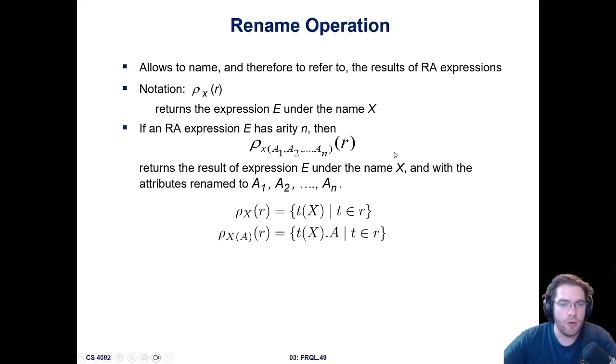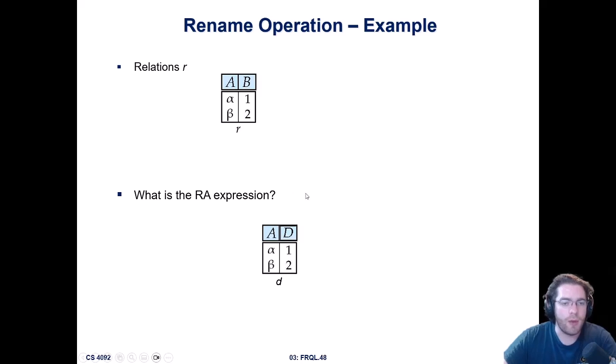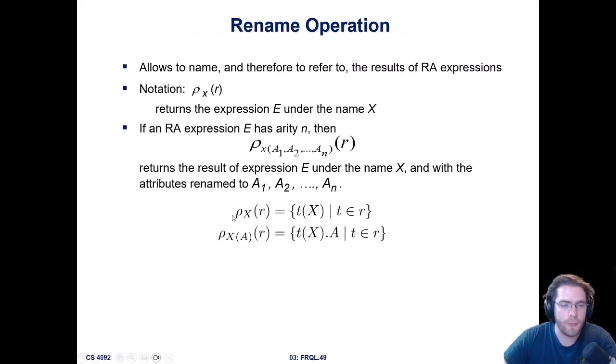So essentially, what we could do back here is say ρ of R is equal to AD. That's how I renamed the attributes there, okay? So the actual algebra that we see here is the rename of relation R with expression X is equal to all the tuples inside of X itself, such that all the tuples are in R. So we just transferred them over.